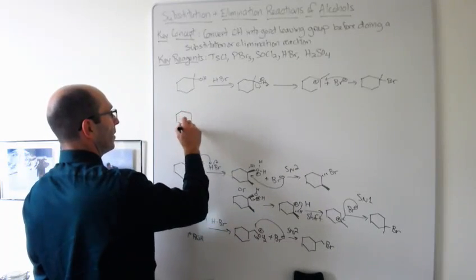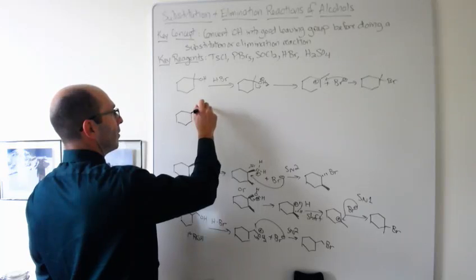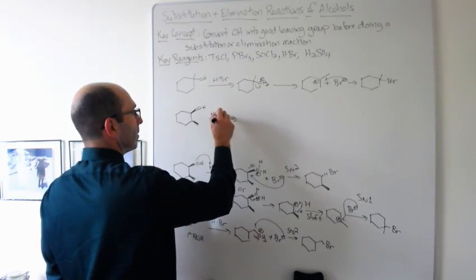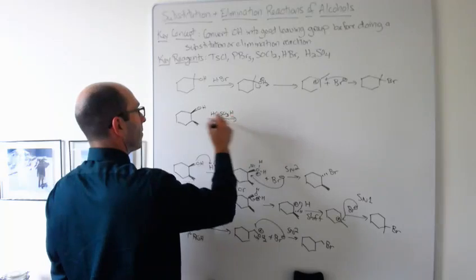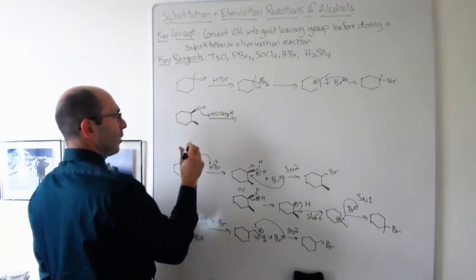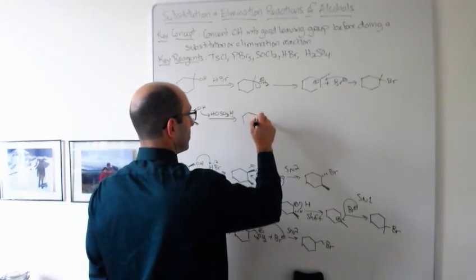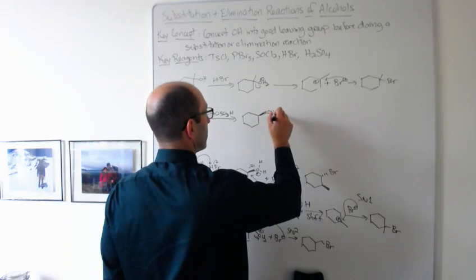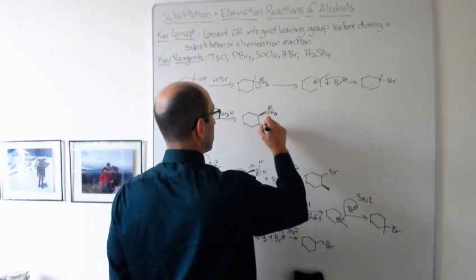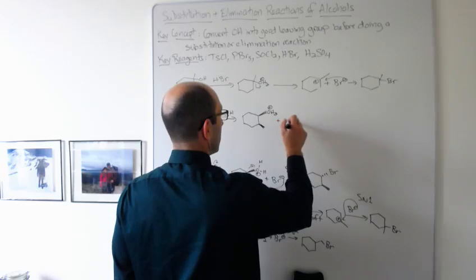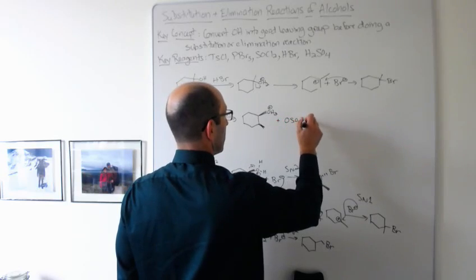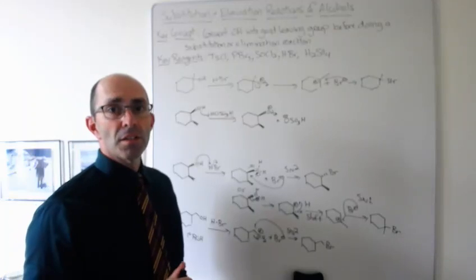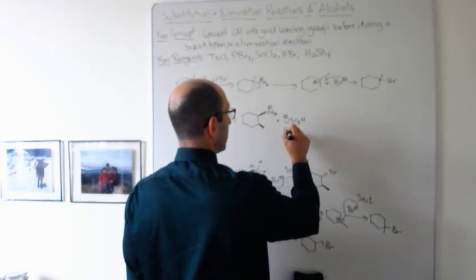Right, and then finally, let's look at the reaction with sulfuric acid. We're going to protonate the alcohol. The counterion for sulfuric acid is not a good nucleophile.